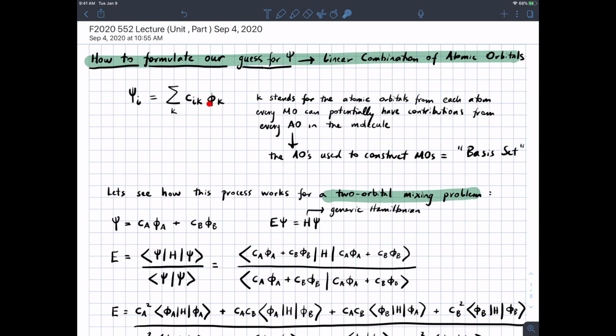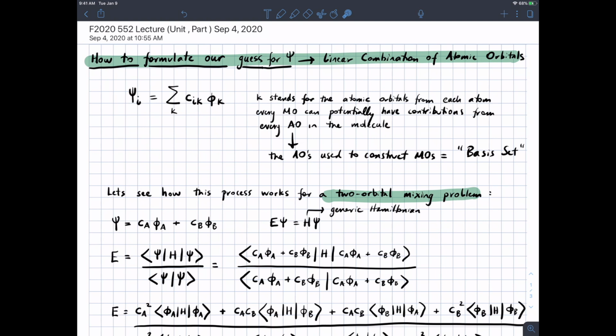We're going to have an alphabet of atomic orbitals for each of those atoms, and they're going to be weighted by these coefficients C. And they can all potentially contribute to a particular molecular orbital.